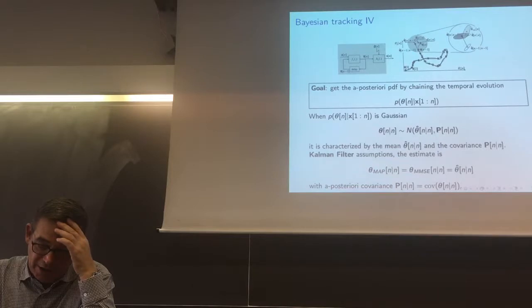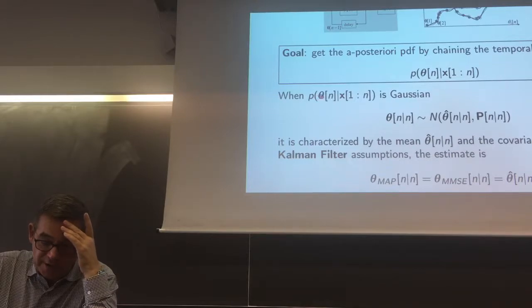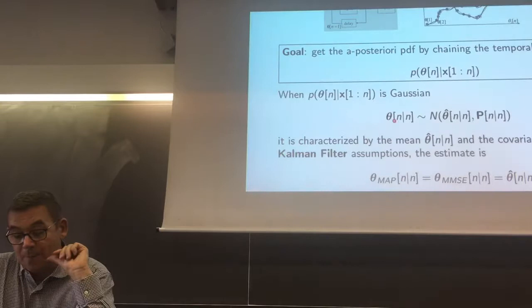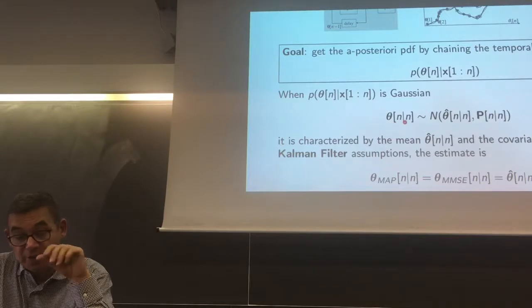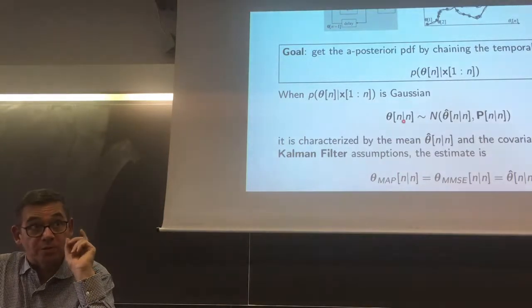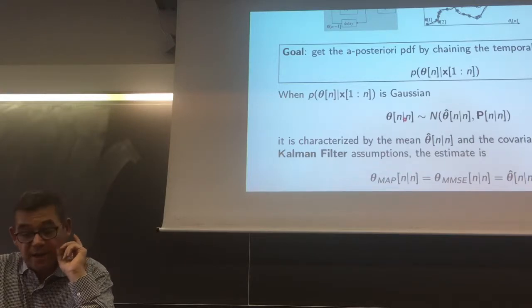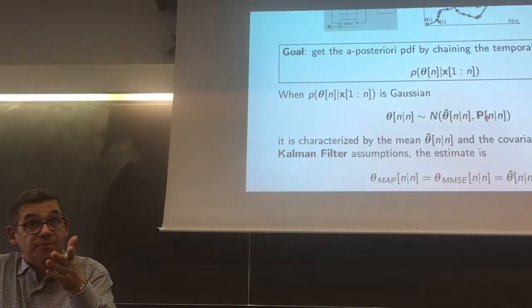If we are in a very special setting, which means the a posteriori is Gaussian, which in compact notation is theta n given n, meaning theta n given all the observations from 1 to n, then I can represent it by its mean and its covariance.